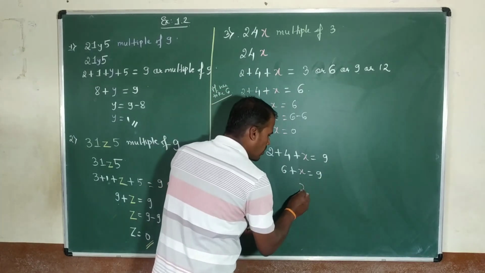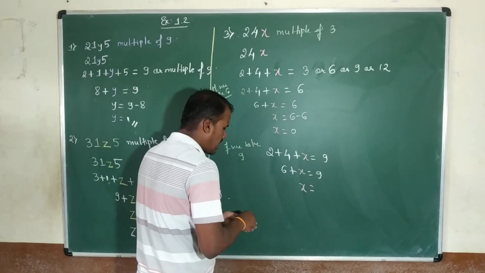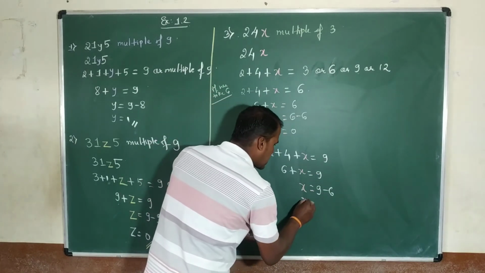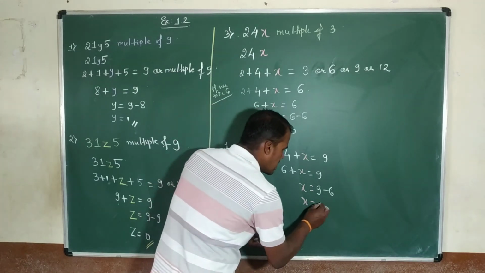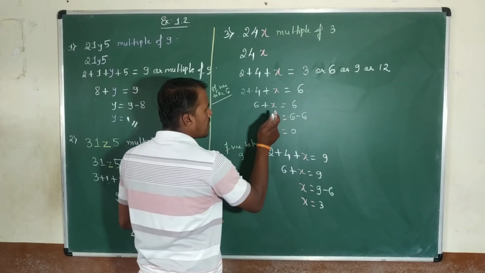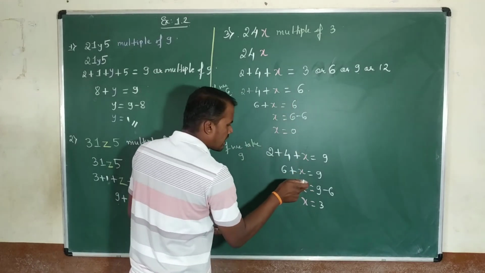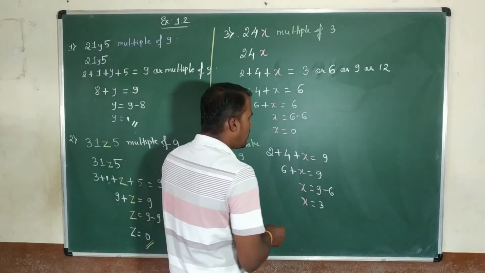Now x is equal to, 6 goes to that side, it becomes 9 minus 6. Therefore x is equal to 3. Now if you take 6, then x is equal to 0. If we take 9, x is equal to 3.